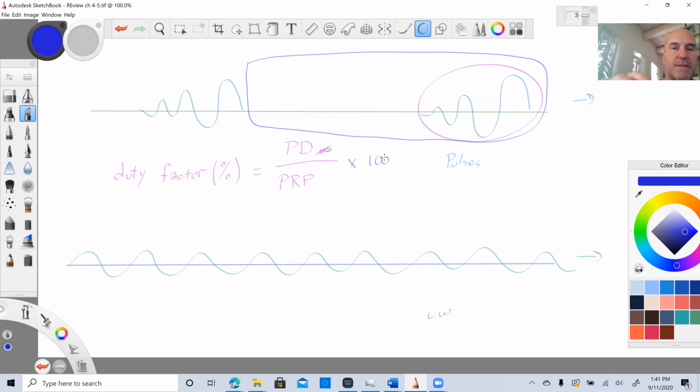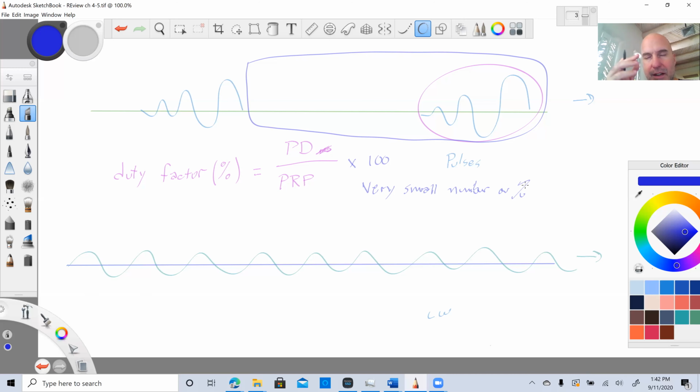So duty factor on imaging, pulsed imaging technology, if you get anything other than a very small number, you're wrong. It's a very small number or percentage, like 1% or less, even less than 1%.